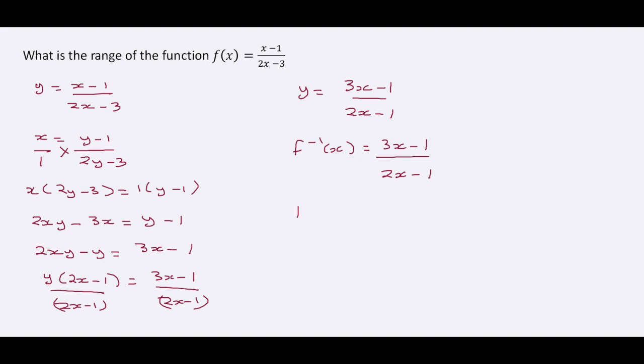And the domain of f inverse of x, we're going to find that by setting the denominator to 0. 2x minus 1 is 0. 2x equal to 1. Divide both sides by 2. So x equal to 1/2.